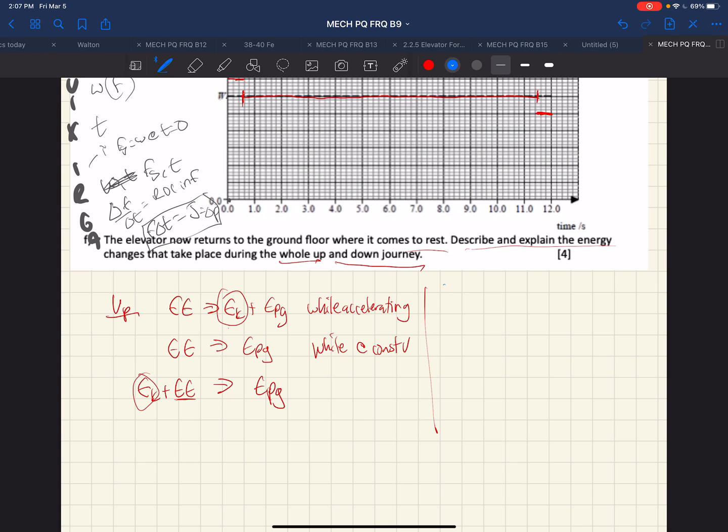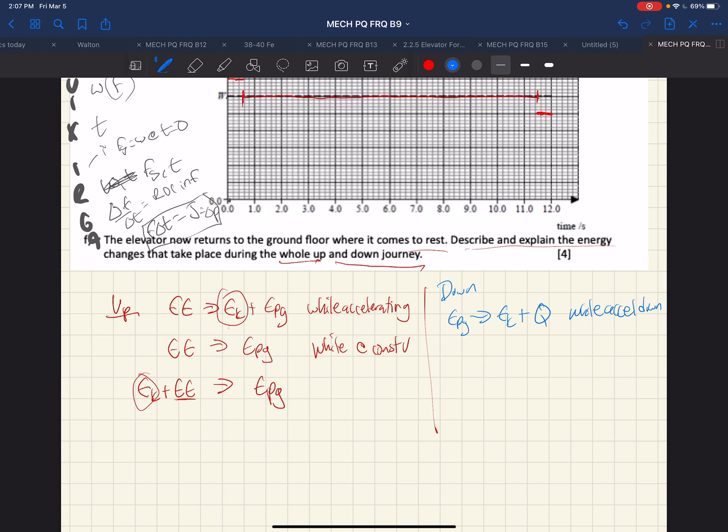So then when we go downward, we have gravitational potential energy initially going into kinetic energy plus thermal energy. Thermal energy in the motor. And so this is while accelerating down.